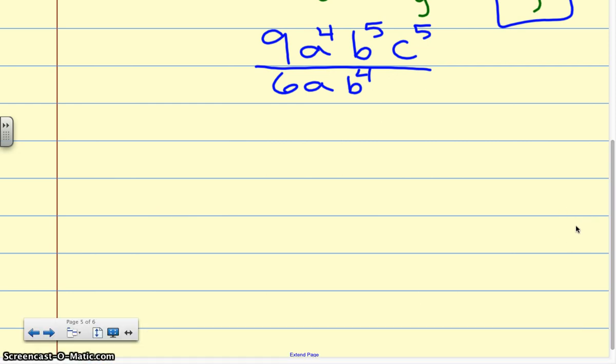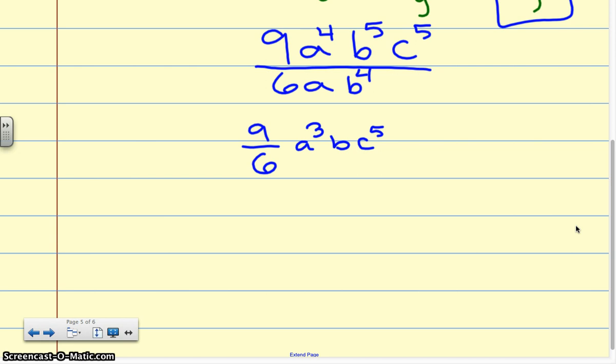Okay, so the first thing I'm going to do is, maybe I gave you the wrong strategy at first because I see a lot of kids are writing it my first way, and I don't think the MCAs would ever allow you to do that. What I mean by that is you are writing like 9/6 and then a cubed b c to the 5th.